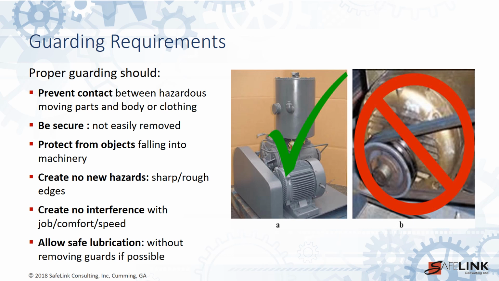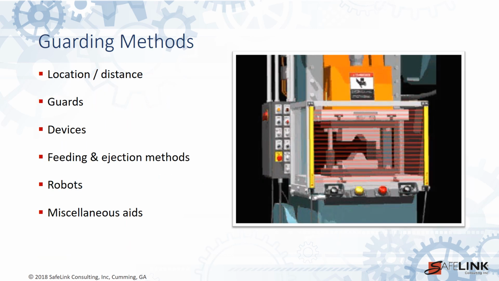There are many ways that employers can install guarding methods on equipment. Some of them include keeping the worker a safe distance from the hazard, installing guards and other devices, optimizing safe feeding and ejection methods, using robots, and other miscellaneous types of aids to protect workers.